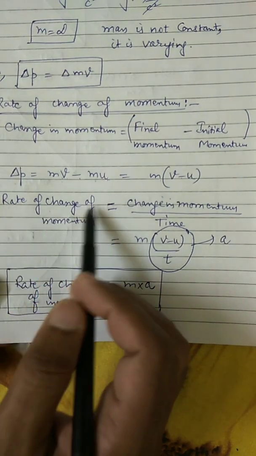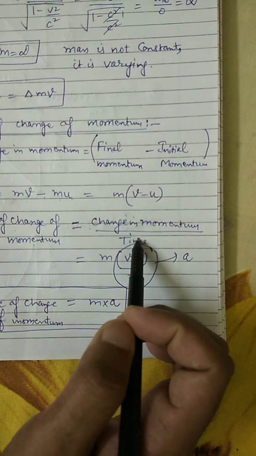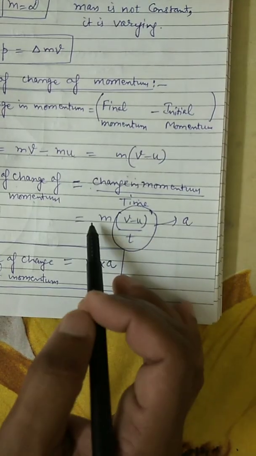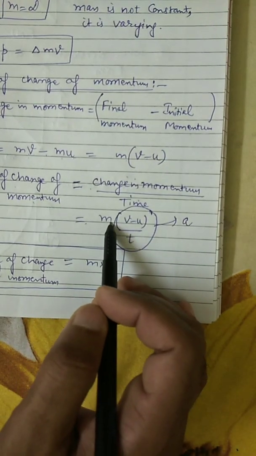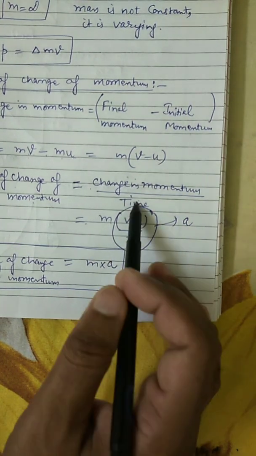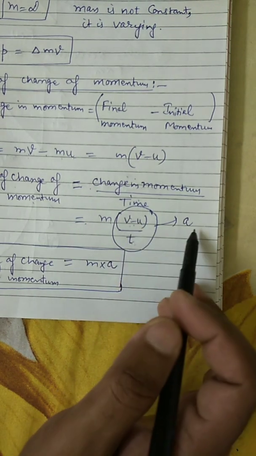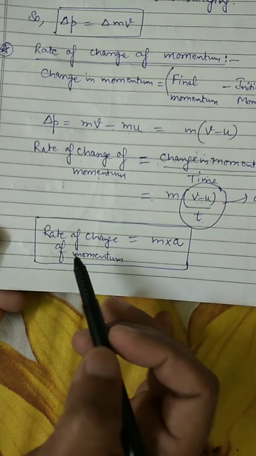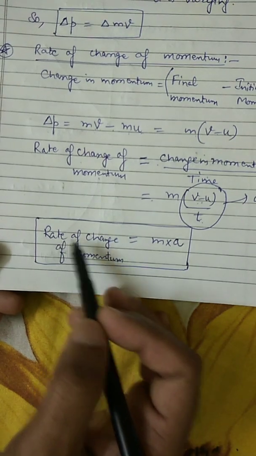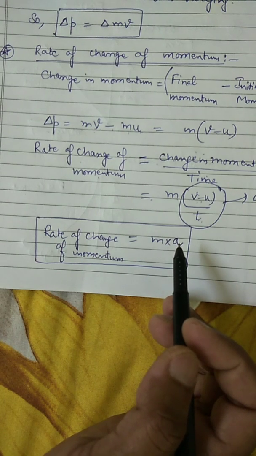Rate of change of momentum is equal to change in momentum divided by time. That is equal to m into v minus u, which represents change in velocity, divided by time. So v minus u upon time, that is the change in velocity upon time, is acceleration. So we can finally write rate of change of momentum is equal to mass into acceleration.